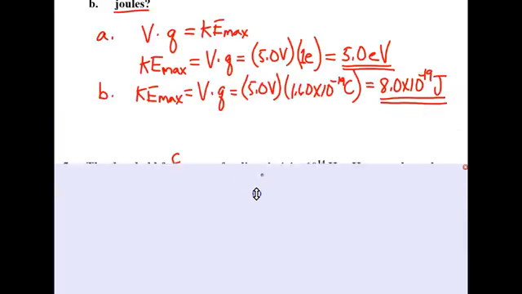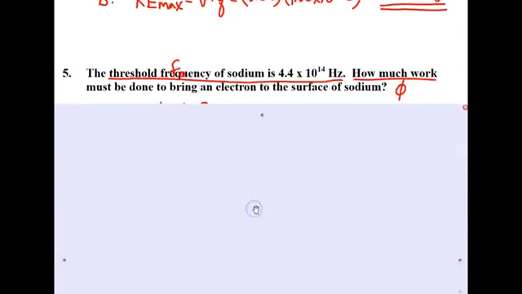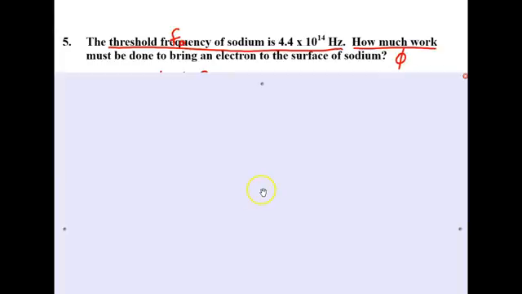Number 5. The threshold frequency of sodium is 4.4 times 10 to the 14th hertz. How much work must be done to bring an electron to the surface of sodium? What you had to recognize is that they're asking you here for the work function. That's the amount of energy required to bring an electron to the surface of the metal. So phi equals h f0.